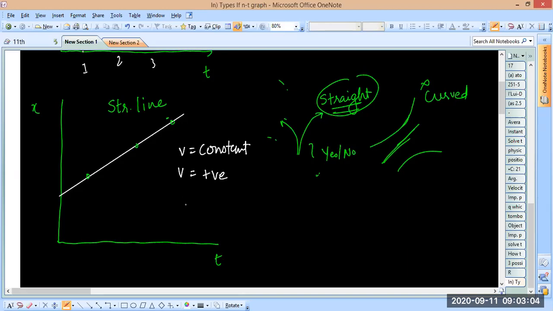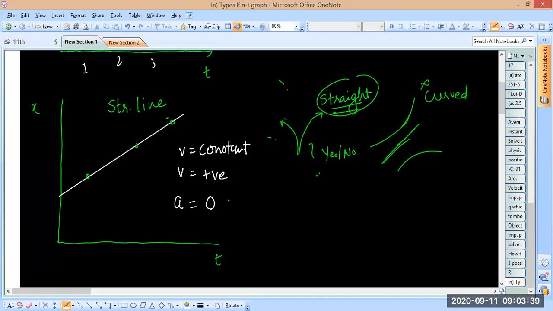What about acceleration? Can you tell me what the acceleration is? Okay, very good. The acceleration is 0, and it is 0 everywhere, remember.